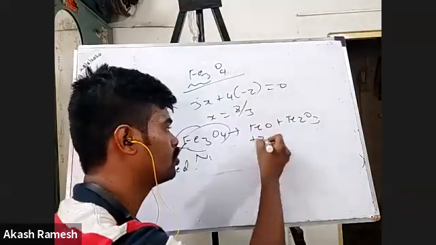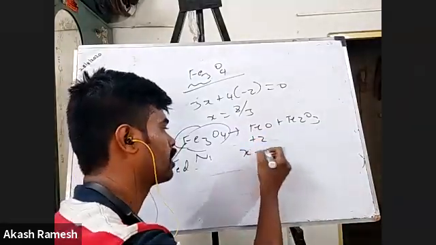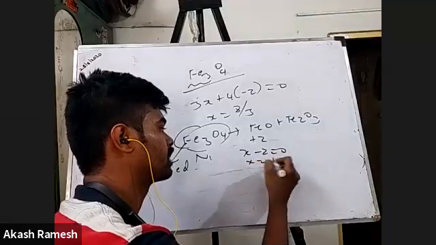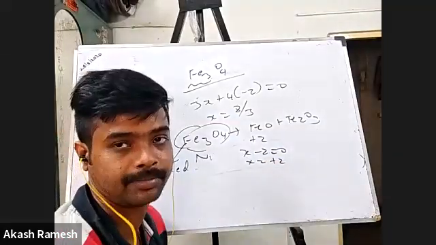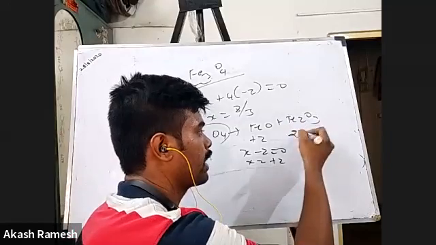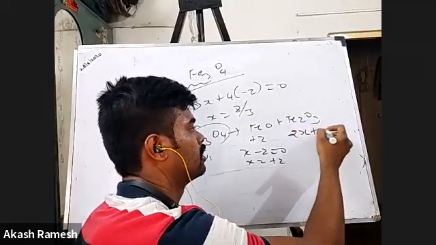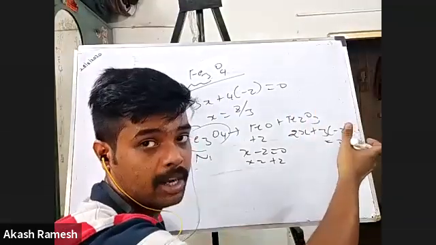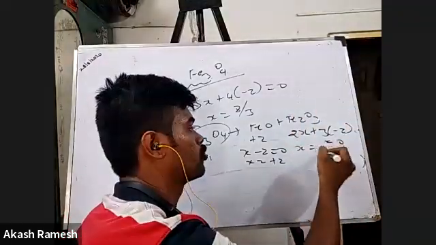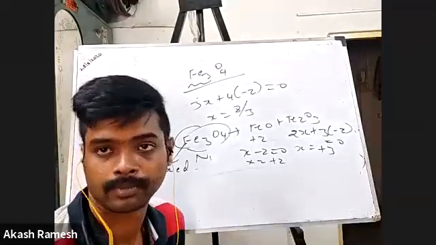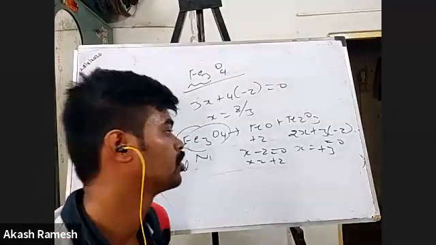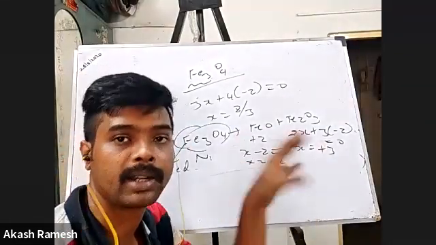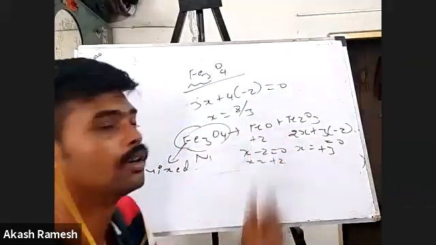X minus 2 is equal to 0, so X is +2. For Fe2O3, I have 2X plus 3 into -2 is equal to 0, with 3 oxygen atoms each having -2, so X is +3. So you have +2 and +3 simultaneously existing in this molecule, Fe3O4.